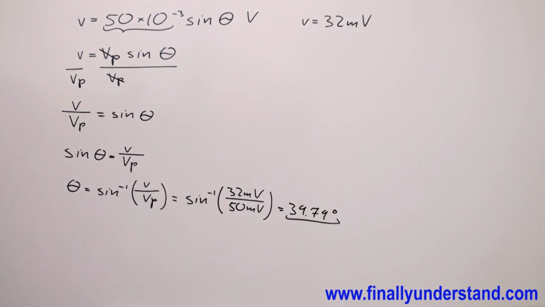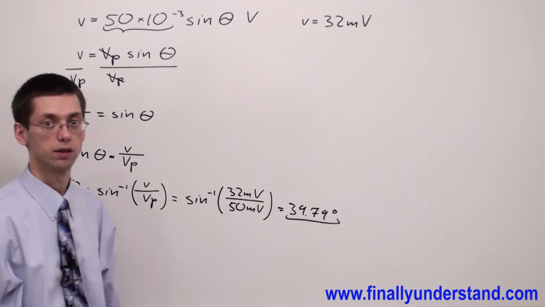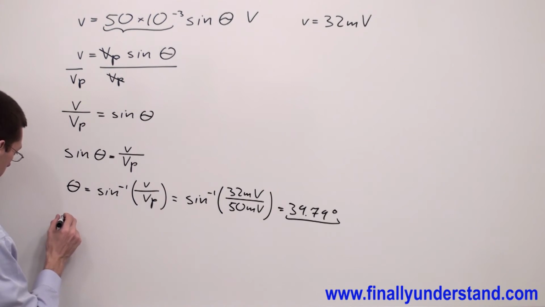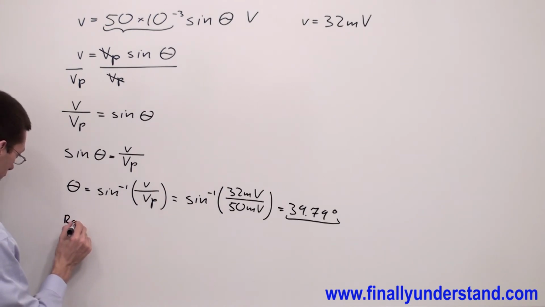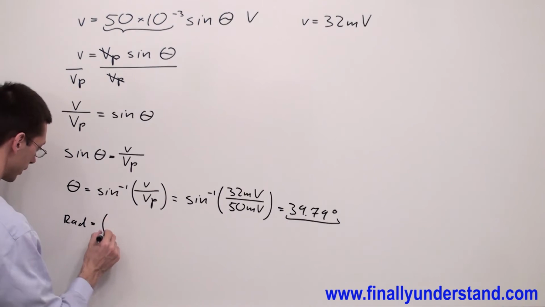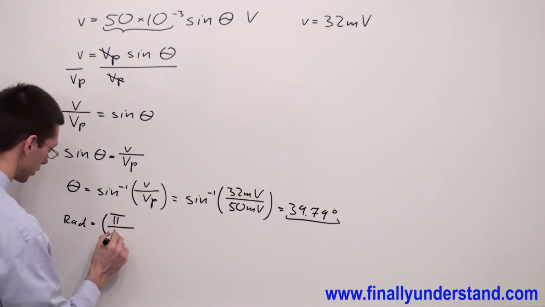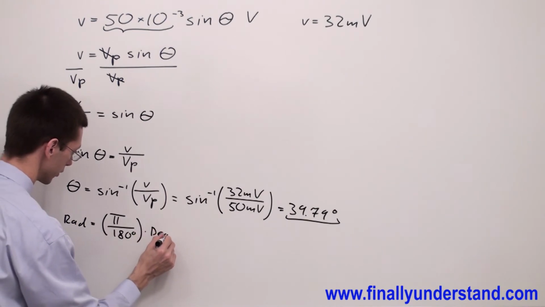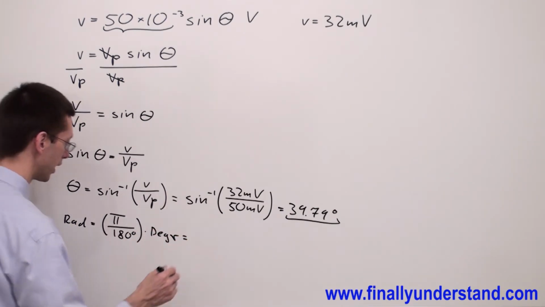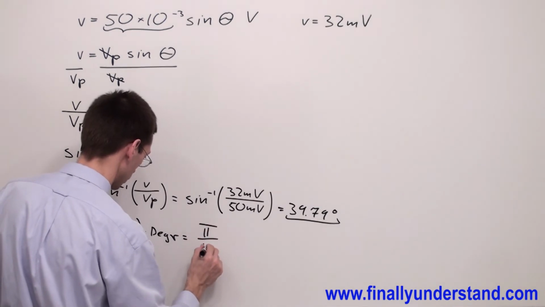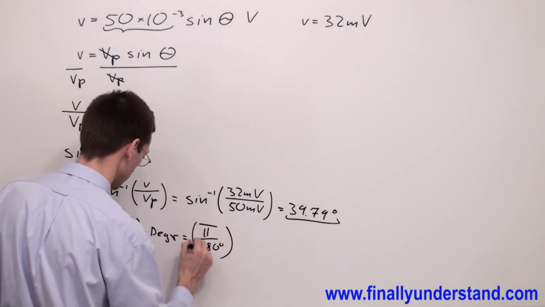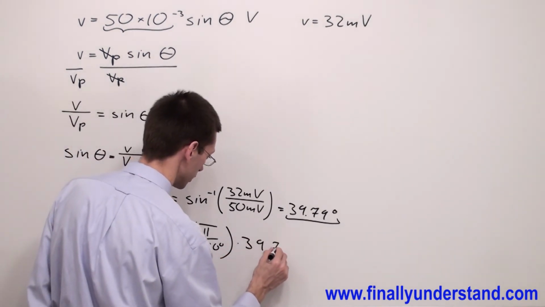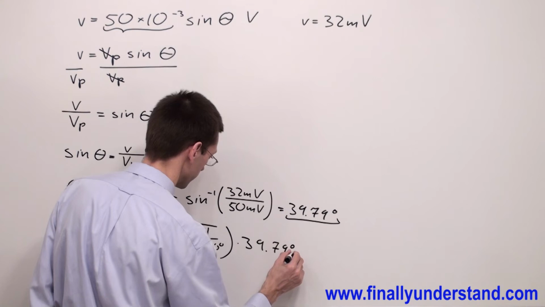But sometimes we have to express the angle in radians. So we're supposed to use the formula for radians. Remember, radians are equal to pi over 180 degrees times degrees, where pi over 180 will stay, times 39.79 degrees.